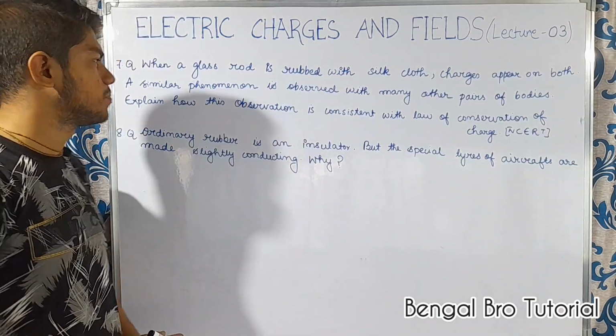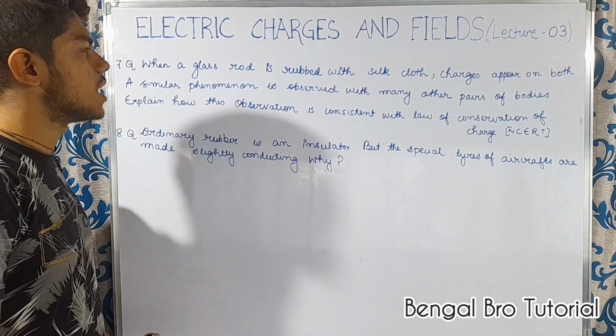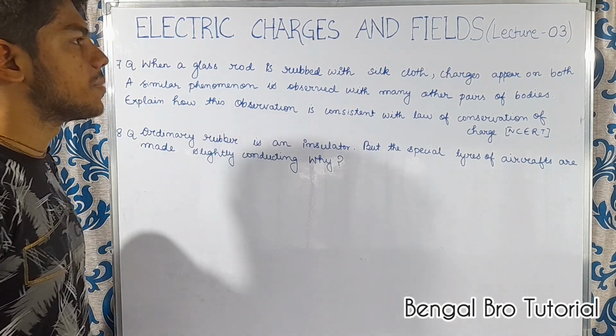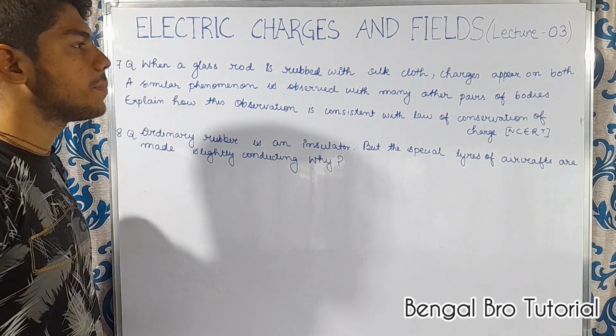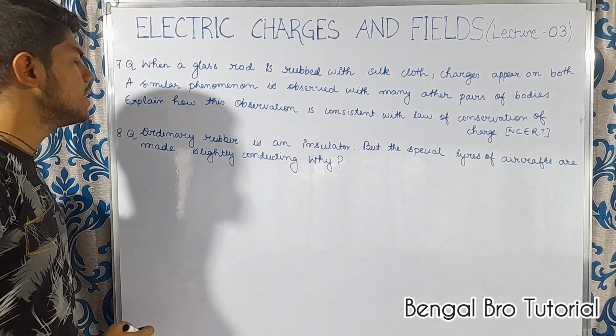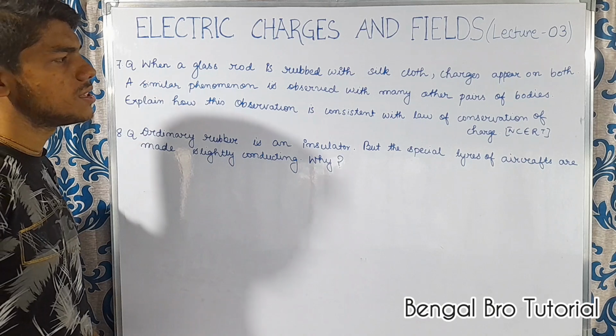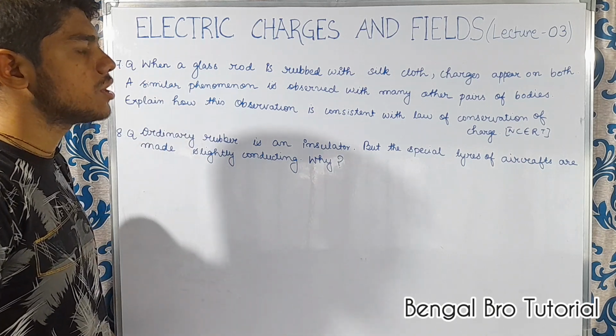Question number 7. When a glass rod is rubbed with silk cloth, charges appear on both. A similar phenomenon is observed with many other pairs of bodies. Explain how this observation is consistent with law of conservation of charge.